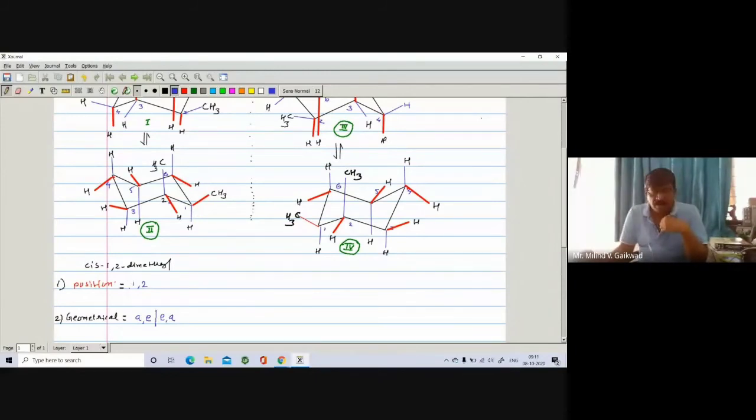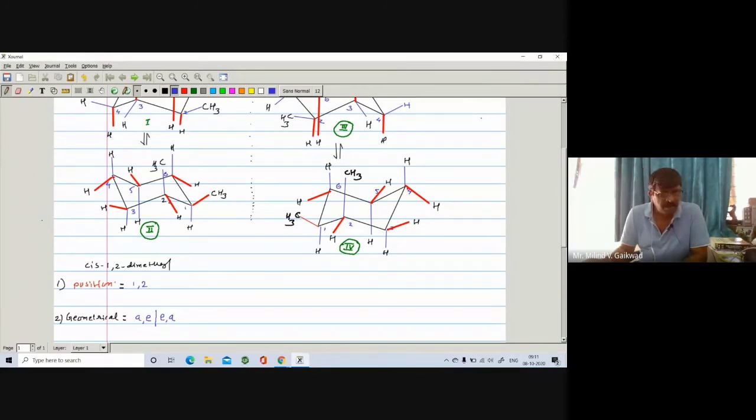So what is the position to find out the geometrical isomerism? Either the groups should be axial-equatorial or equatorial-axial, then it shows geometrical isomerism, and it is a cis. Similarly, we can write down the trans, and we'll see that later on. First, we'll complete this cis-1,2-dimethyl, and then we'll go for the trans. So here we have seen the geometrical isomerism.